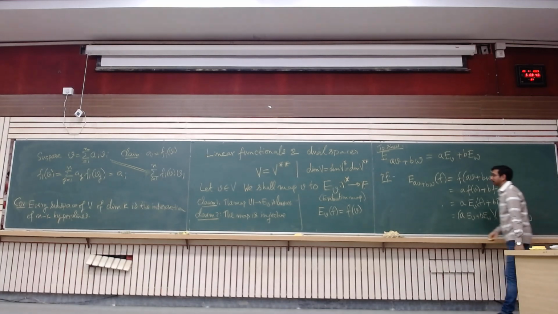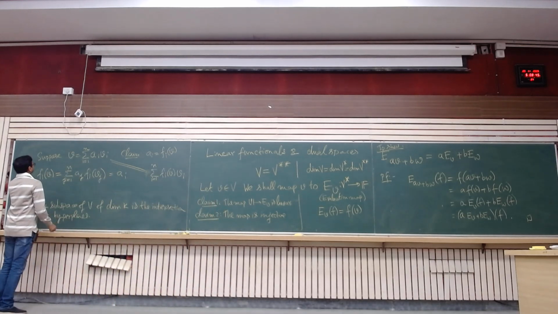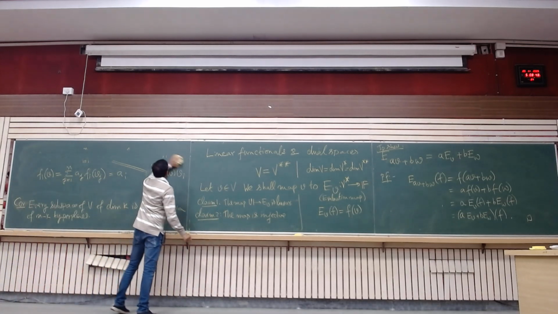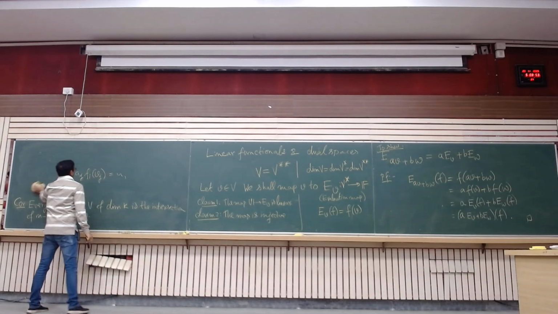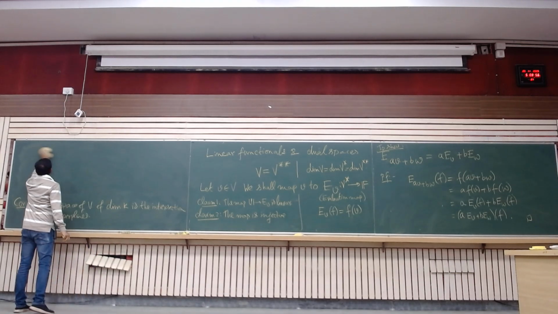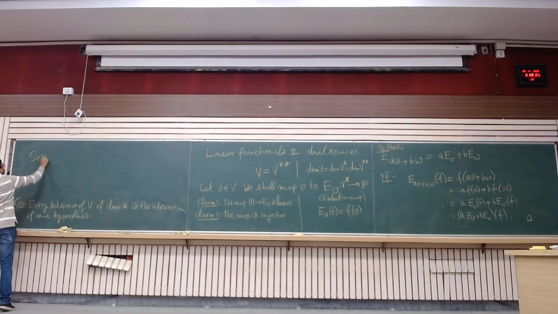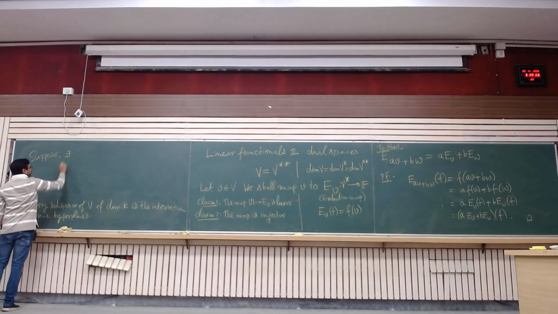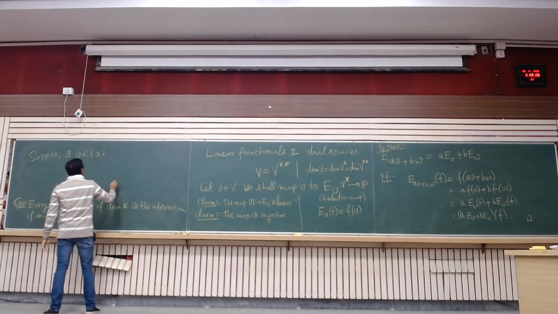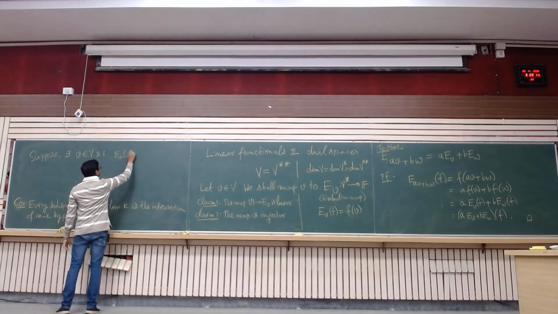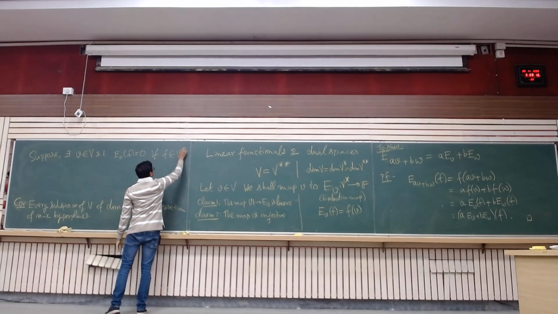Now about the next one, that it is injective. Suppose not. Suppose there exists some V in V such that EV of f is equal to 0 for all f in V dual.